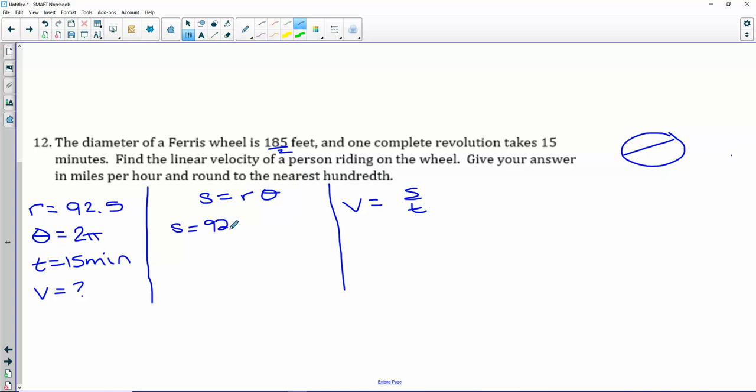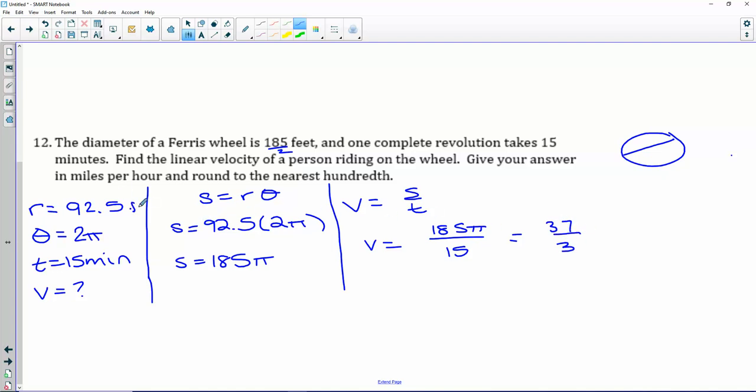So r 92.5 times theta, which is 2 pi. So s is 185 pi. So then v is 185 pi over t, which is 15. And that reduces to 37 over 3. But let's think about our units here.